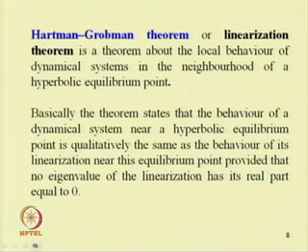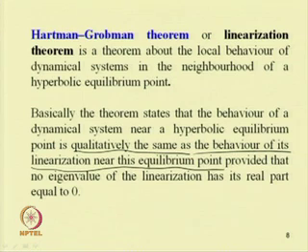There is one theorem, the Hartman-Grobman theorem or linearization theorem. This theorem is about the local behavior of the dynamical system in the neighborhood of a hyperbolic equilibrium point. Basically, the theorem states that the behavior of a dynamical system near a hyperbolic equilibrium point is qualitatively the same as the behavior of its linearization near its equilibrium point, provided that no eigenvalue of the linearization has its real part equal to 0.